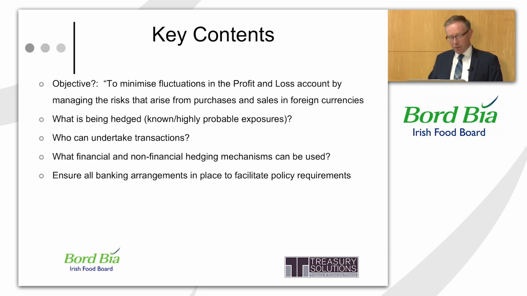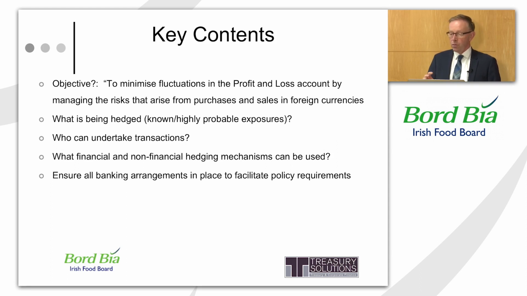The next content you might say is what has been hedged, and you'd say that it's either known or highly probable exposures you would hedge. So in other words, I know I'm going to sell X amount each of the next 6 months into the UK, so that's a definite exposure. Or you may say, on average, I sell X amount into the UK every month. It's highly probable.